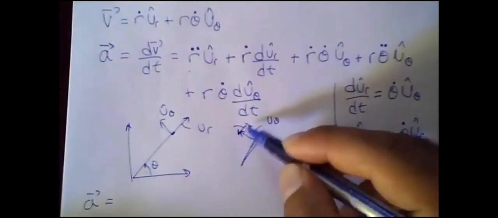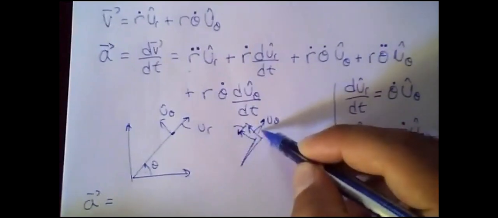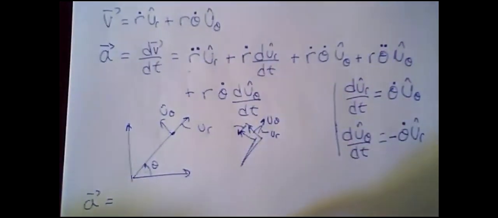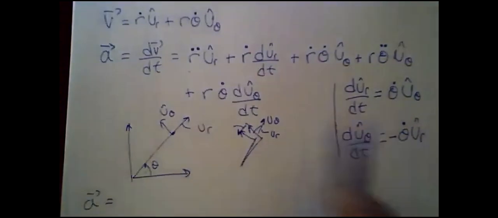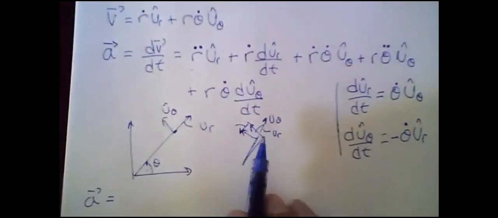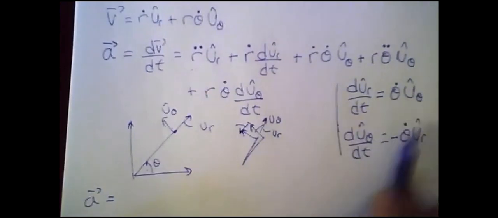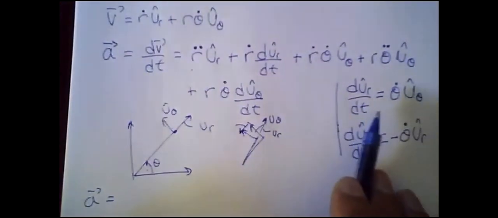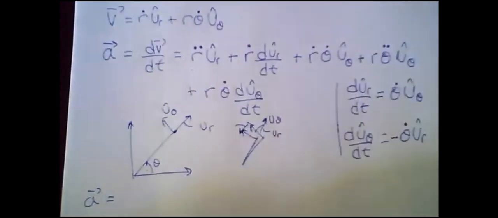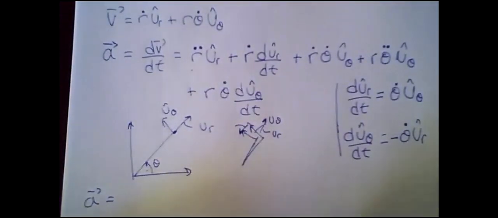So this vector is actually going to be in the opposite of the UR direction. So don't worry about it if you don't understand that. It's not very important that you understand these detailed derivations. What is important is that after I finish, you know how to apply the equation. This really matters to me. But if you think about it, you will come to understand why these are that way.